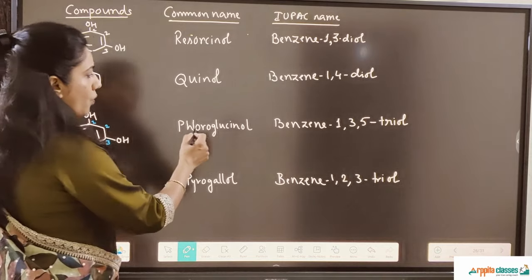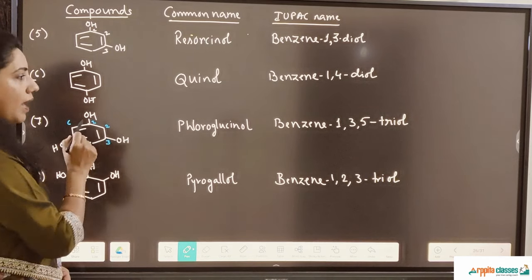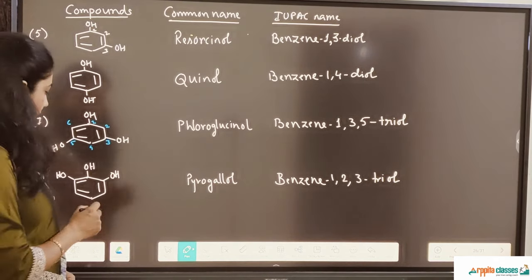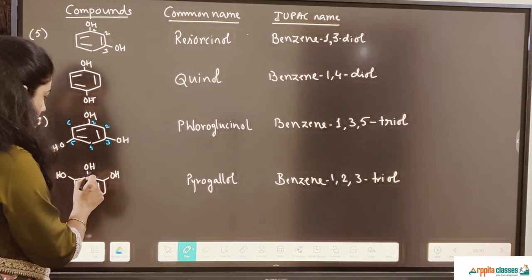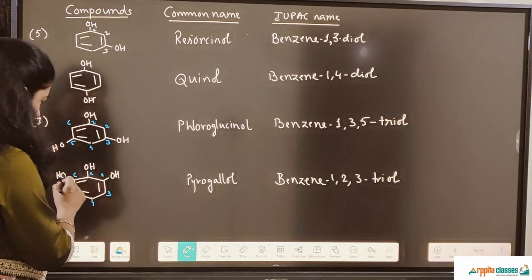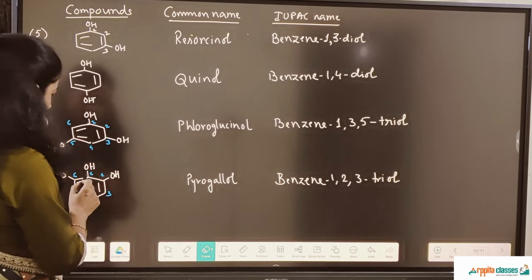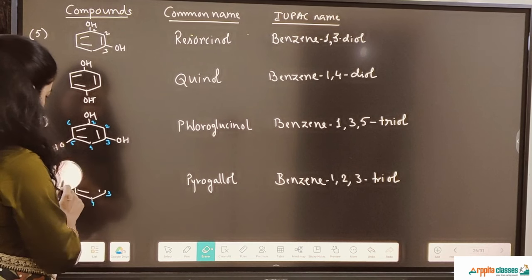phloroglucinol. The common name is phloroglucinol, but the IUPAC name is benzene 1,3,5-triol. Come to the next one.